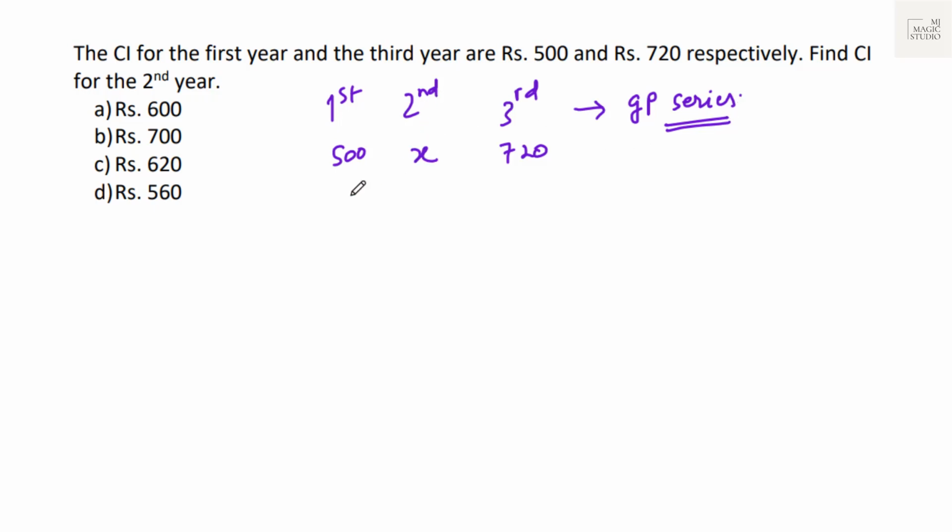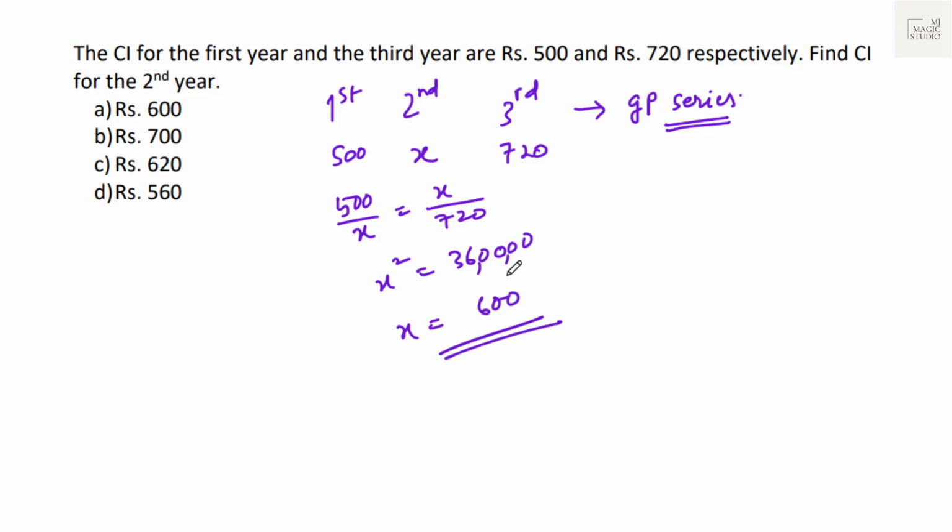That means if the CI for the second year is X, we can say that 500 by X is equal to X by 720. X square is 72 into 5, which is 360 and 3 zeros. So X is the root of 36,00,000, that will be 600. The CI for the second year is rupees 600. Answer A.